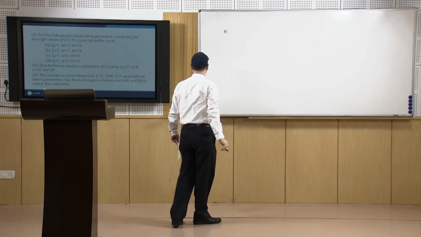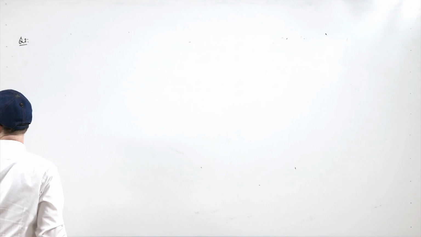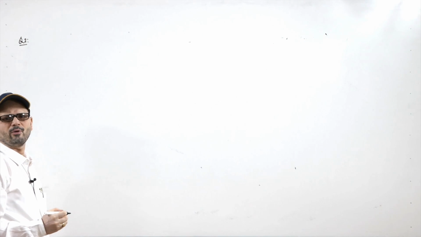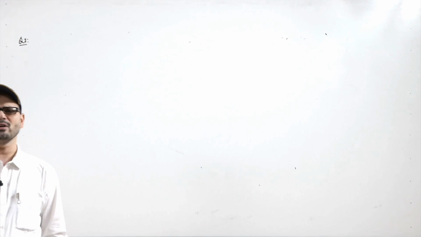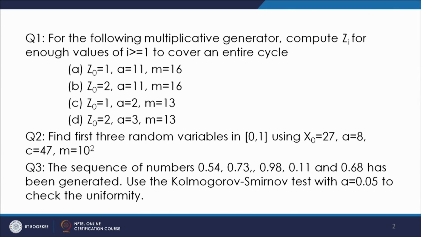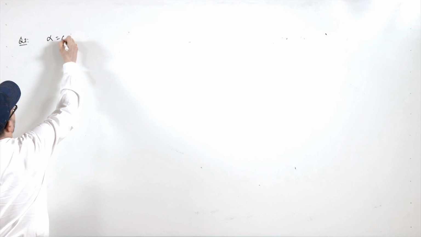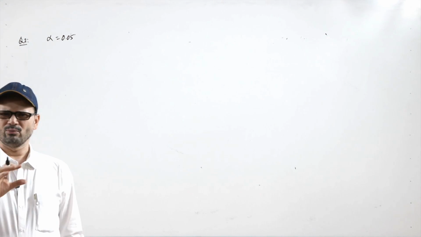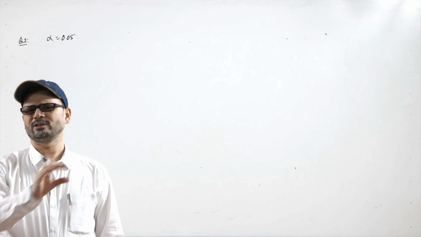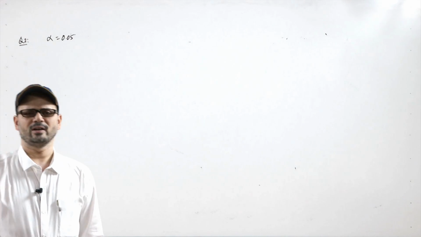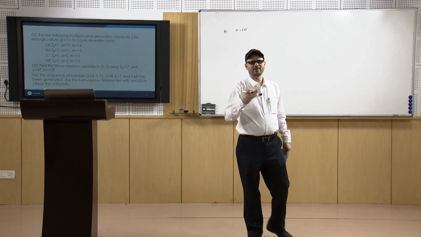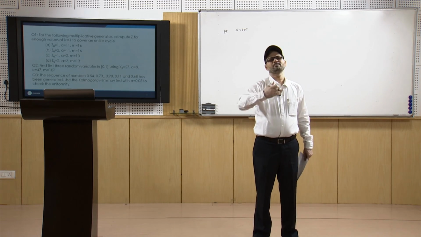we have the data as 0.54, 0.73, 0.98, 0.11 and 0.68. Now, you have alpha as 0.05. What we do is first write the numbers in ascending order, and then make a table, finding i by n, Ri minus, and the different parameters.